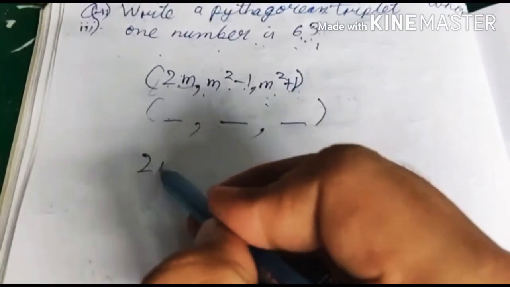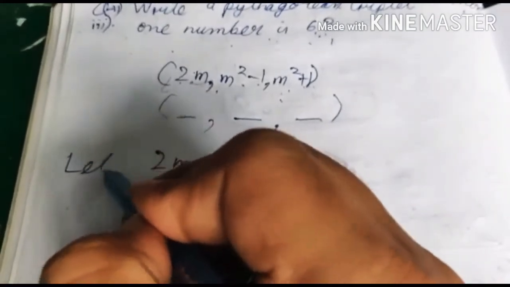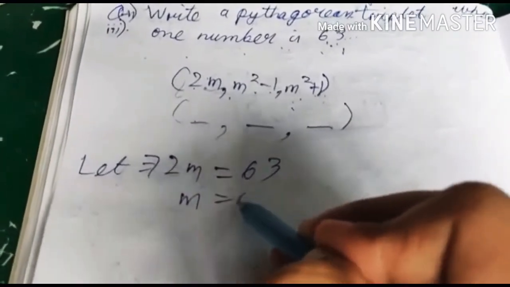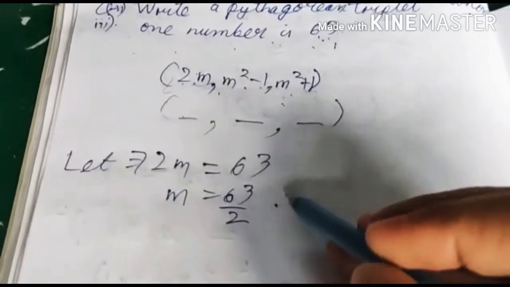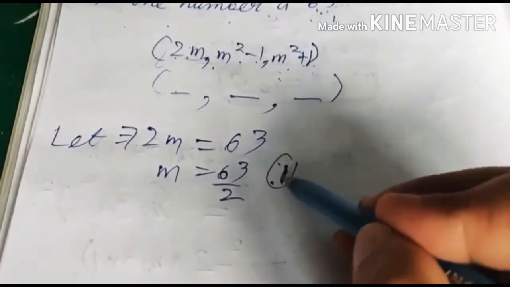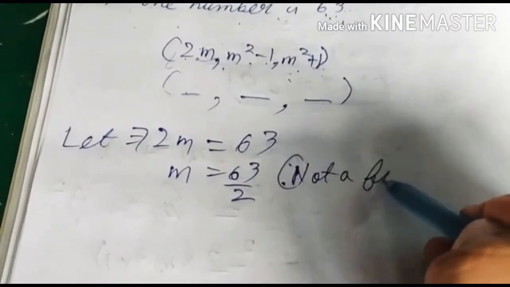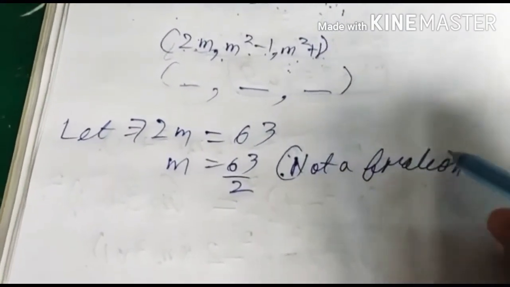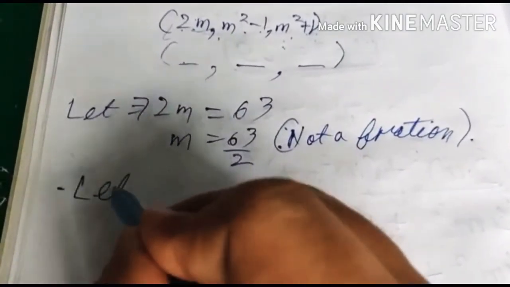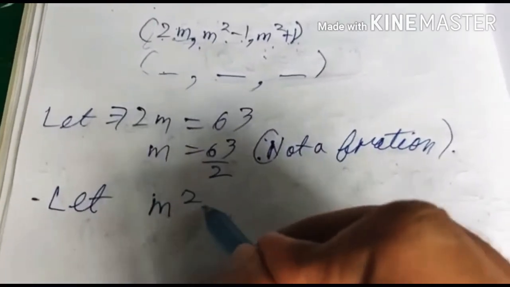Let 2m equal 63, so m equals 63 upon 2. This comes as a fraction, so we won't take it. M cannot be a fraction, so we will go for something else. Second number, m square minus 1.